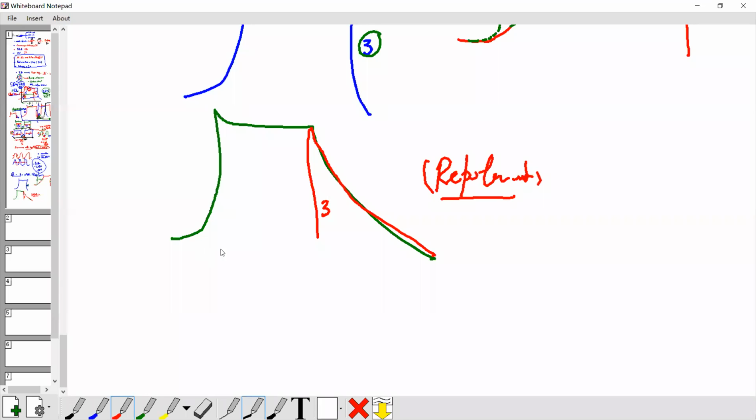If you increase the time duration for repolarization, listen carefully, the current stays for a longer time. The action potential duration increases. Phase 3 becomes slower.